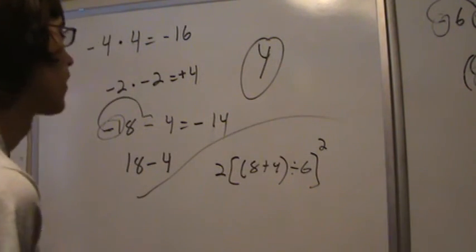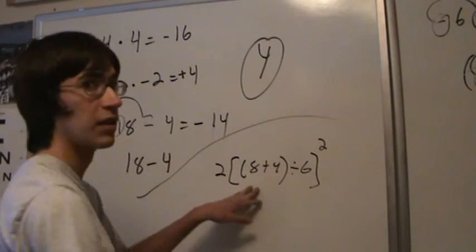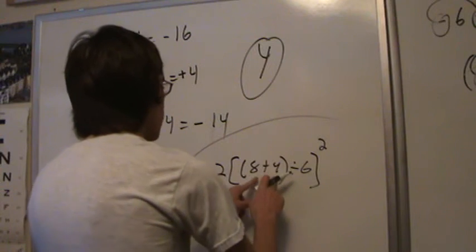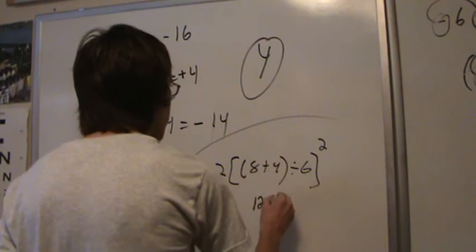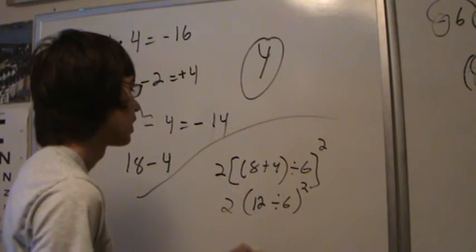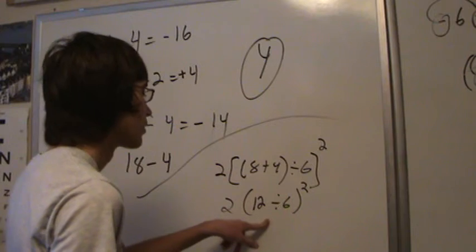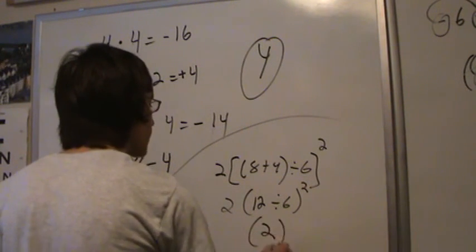In this case, we do parentheses first, and then inside the parentheses we have parentheses, and so we do 8 plus 4, which is 12, divided by 6, and then you always rewrite whatever's left. Now, how many times does 6 go into 12? 2 times.